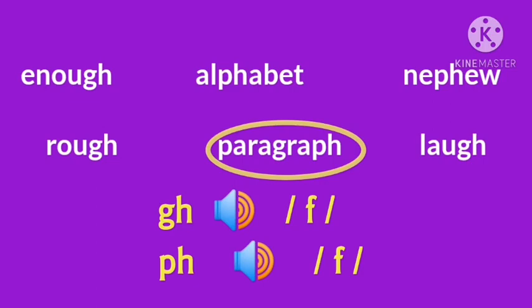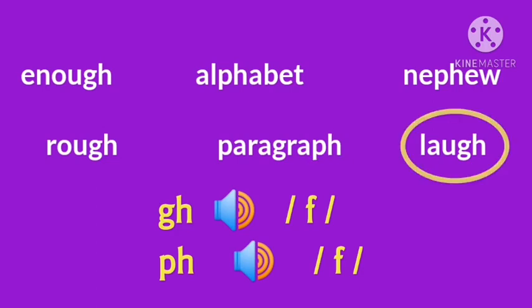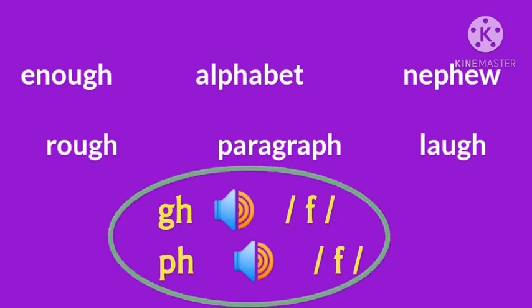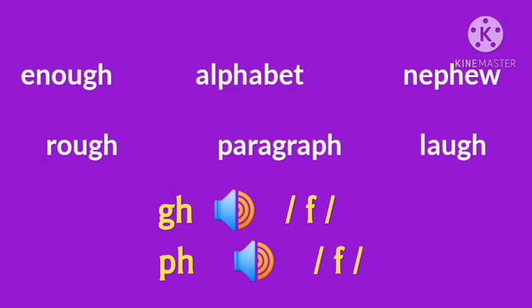Here also we use the letters P and H pronounced as F sound. Next word, laugh. The letters GH are pronounced as F sound. So children, understand, in English the letters GH and PH are pronounced as F sound.